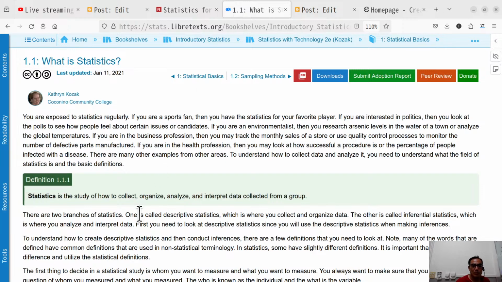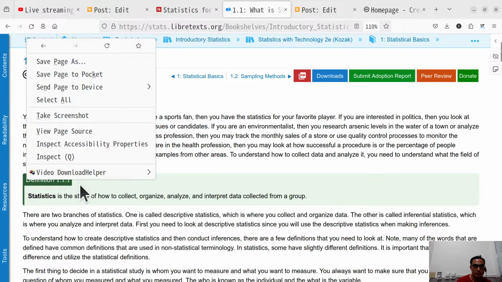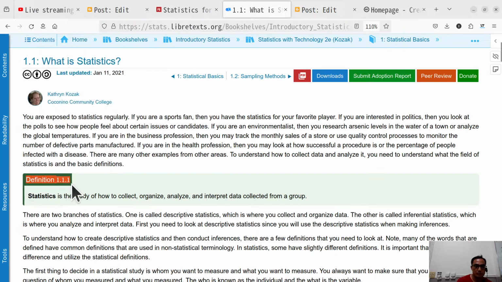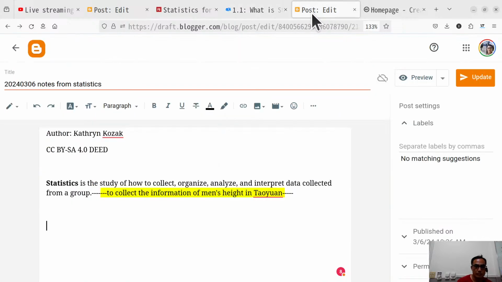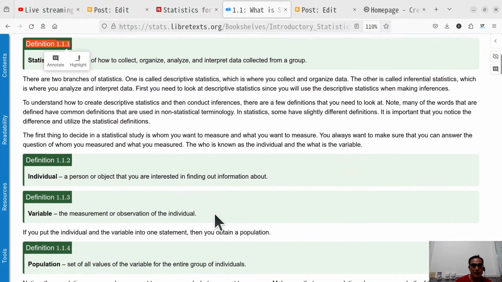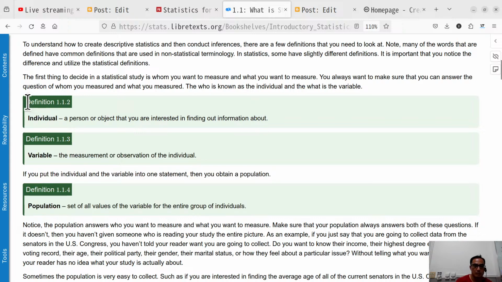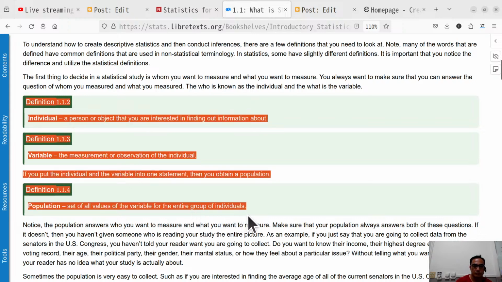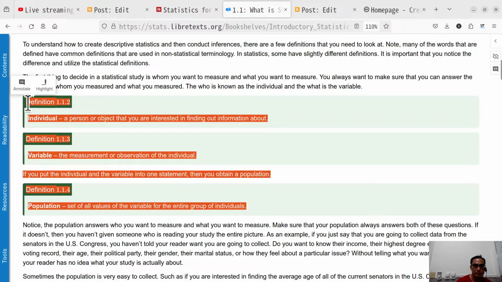Definition 1.1.1. And the second definition is here. Copy and paste it here.